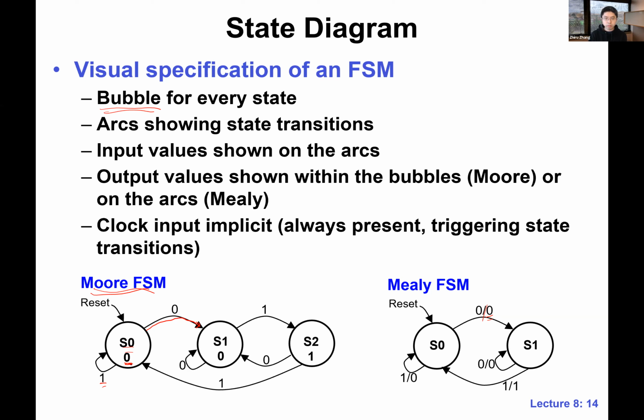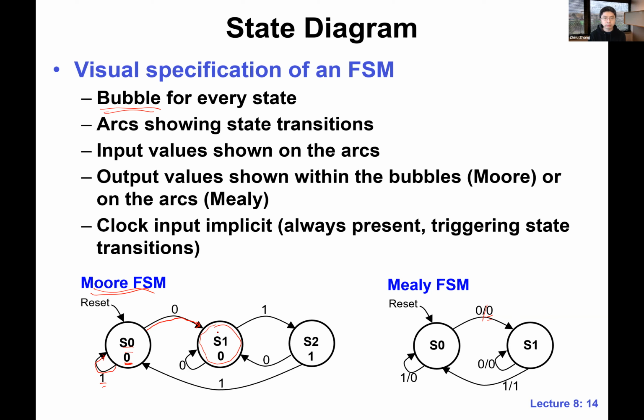If the input is 1, like this, next cycle we're going to stay at S0. This is a self loop. Again, we have two combinations, 1 and 0. So what happens if you see an input of 0? That's where, for this state diagram, we actually need to go to a different state, S1.